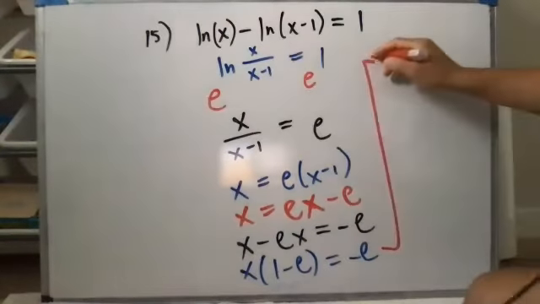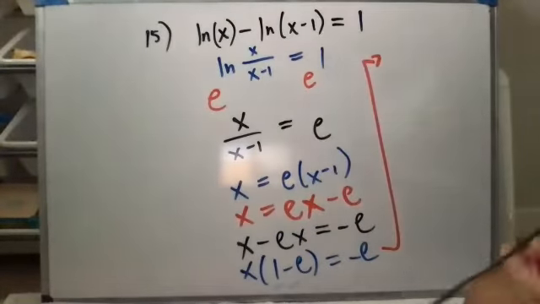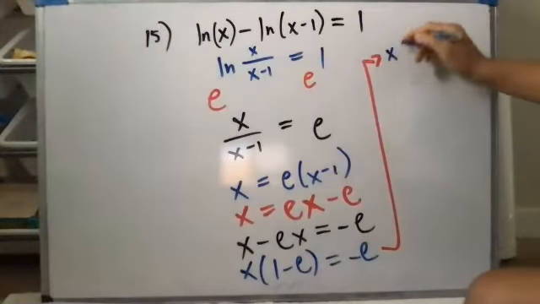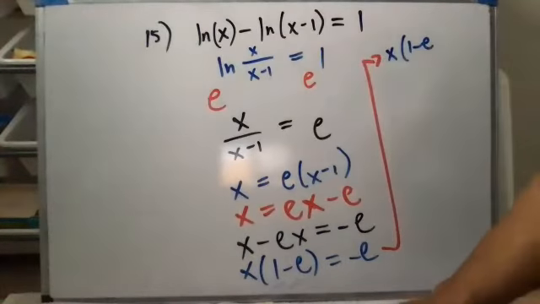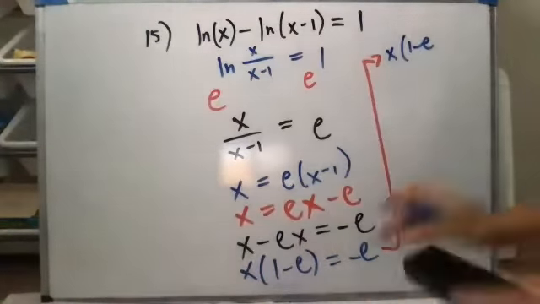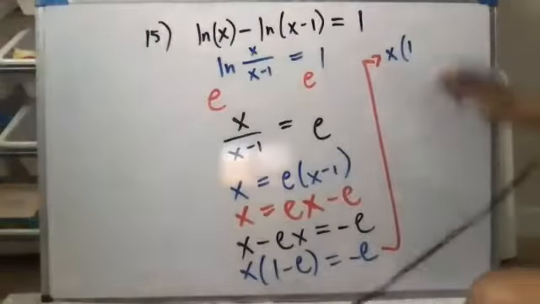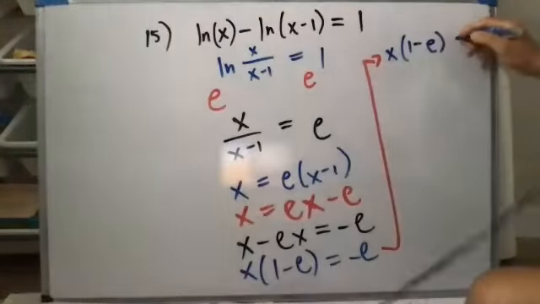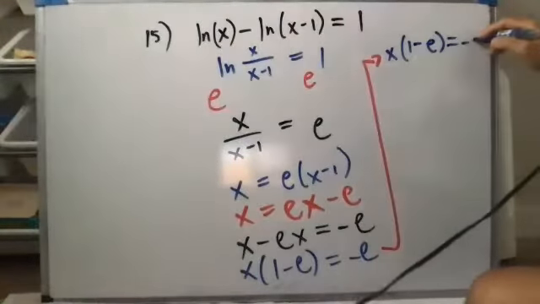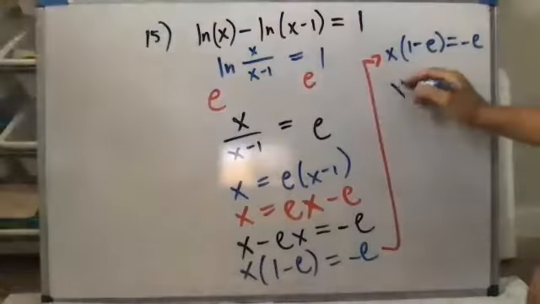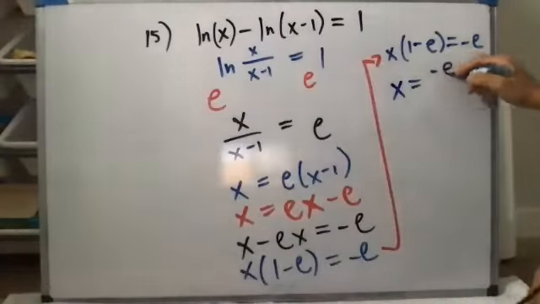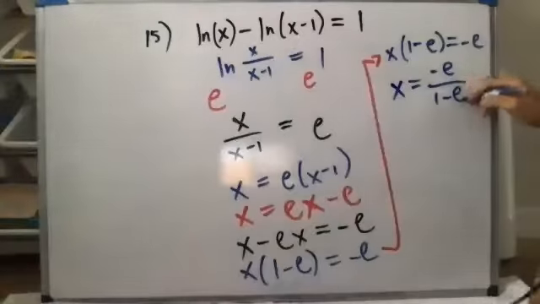I'm just going to recopy this once first. x times 1 minus e is equal to negative e. And so then I divide both sides by 1 minus e, and I get x is equal to negative e over 1 minus e. Right.